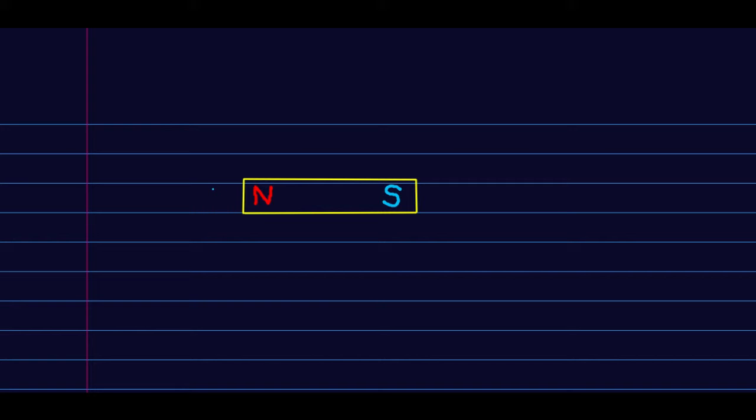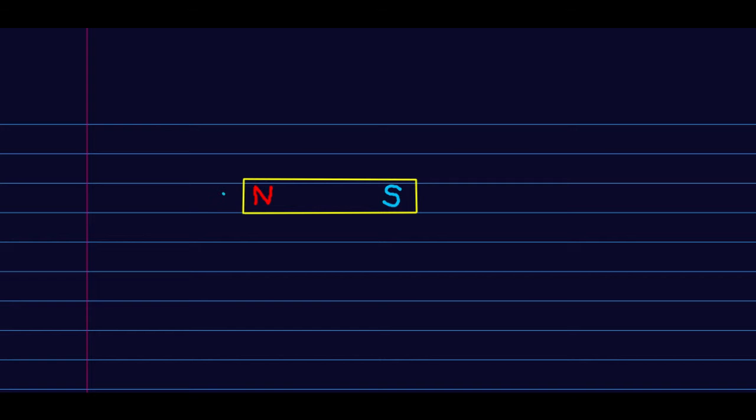So, as usual, we define the field as a property of a point in space. We will put the compass at the location of space we're interested in, and the way that its north-seeking pole points is going to be defined as the direction of the magnetic field.